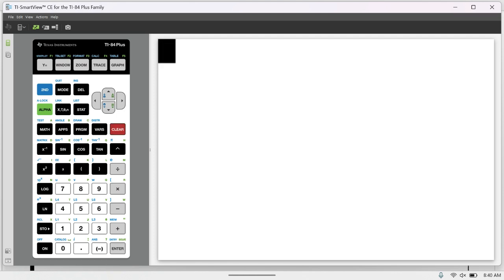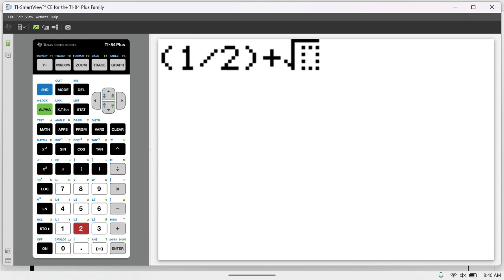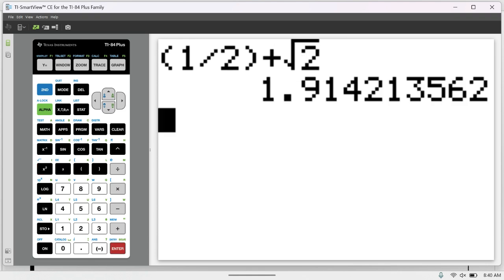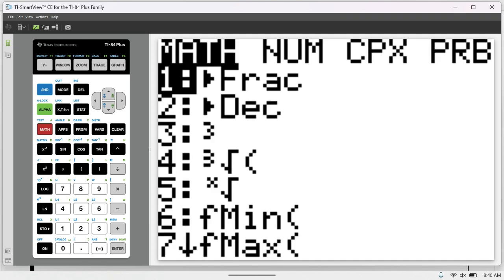So if I put this in my calculator, I have 1 divided by 2, and I'm going to put that in parentheses to represent 1/2, plus the square root of 2. All right. Now, if you don't know for sure if that's rational or irrational, here's a good way to check. If you hit the math key, which is underneath that green alpha key, do you guys see how number 1 says frac?